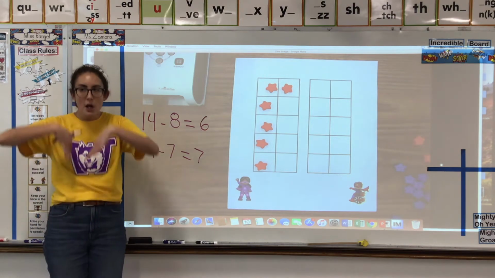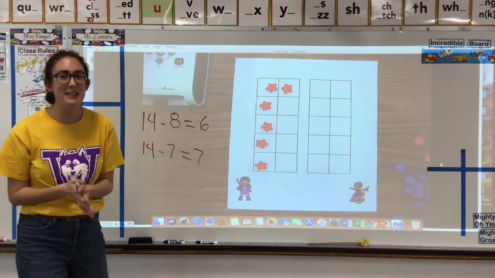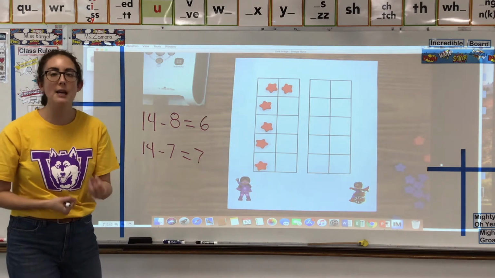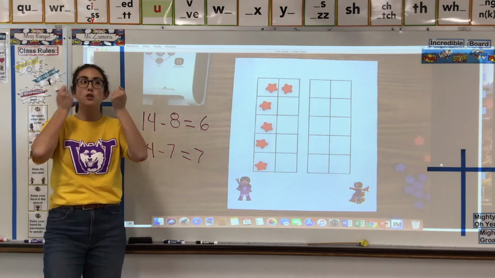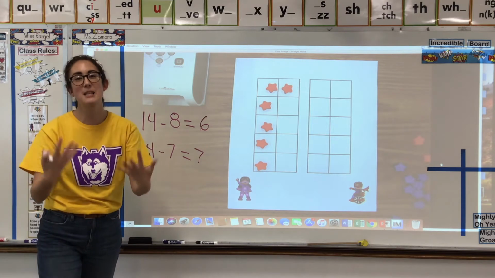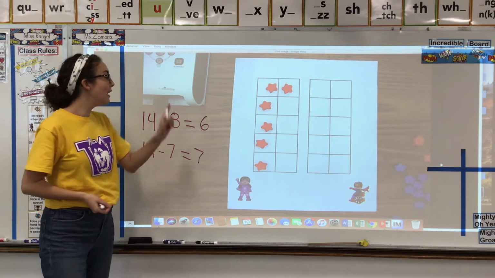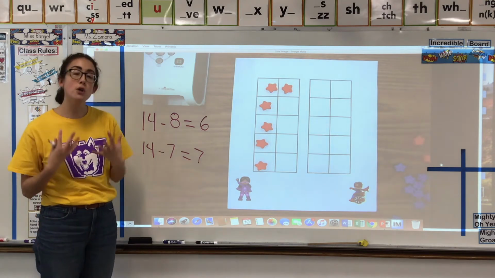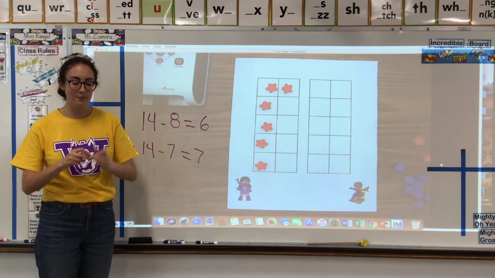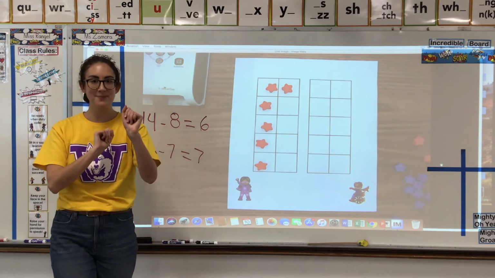Using old knowledge to build new knowledge. This is a little trickier to try and think about and talk through, so it's super, super important that you are using your words and explaining out loud to talk yourself through the process of how to get your answer using your mental math knowledge. So let's try and take a look at another one.